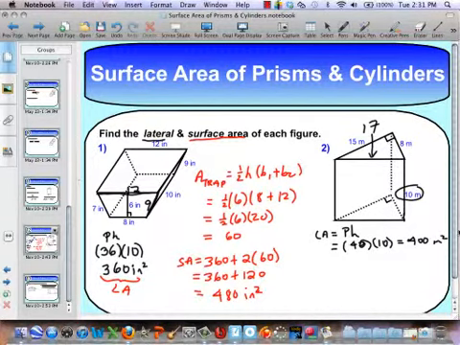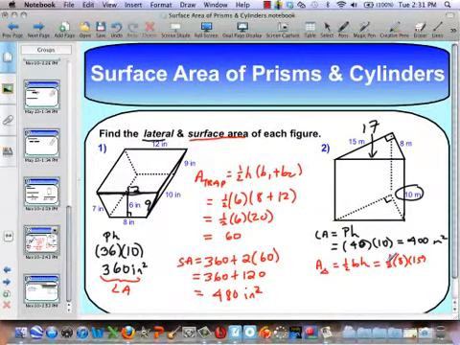Now how do I find surface area? What do I have to bring into this? The 2 bases. Well, what shape are my bases? Triangles. So the area of a triangle is half base times height. What's the base of my triangle? What's the height? Does it matter which one? No, not in this case.